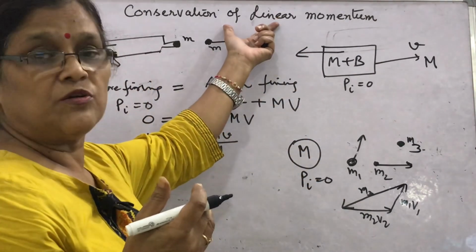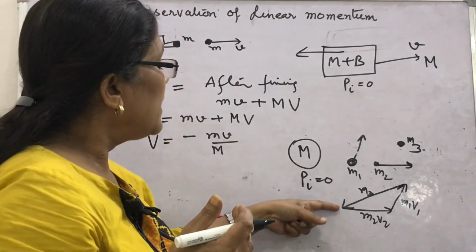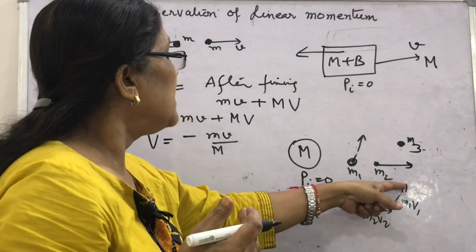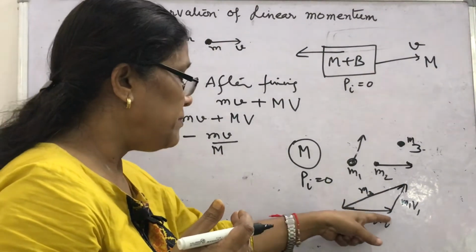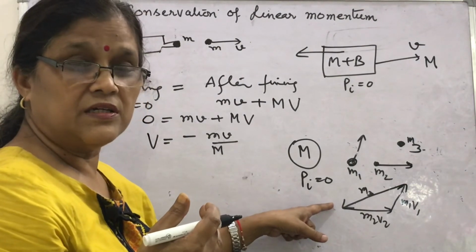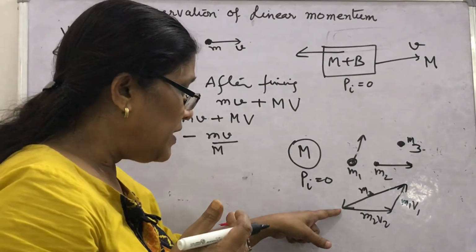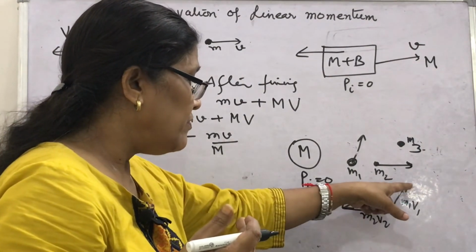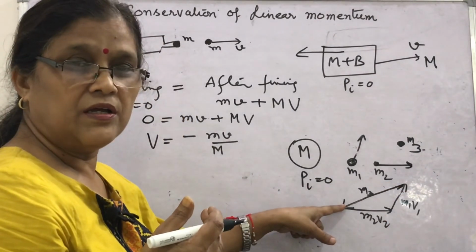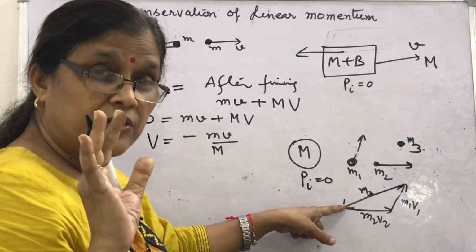Using the conservation of linear momentum. In a triangle, if all the sides are taken in the same order, then what is the resultant? 0. You start from here, this is m2 v2, this is m1 v1, then this is m3 v3 again. Only then the net momentum will be 0.